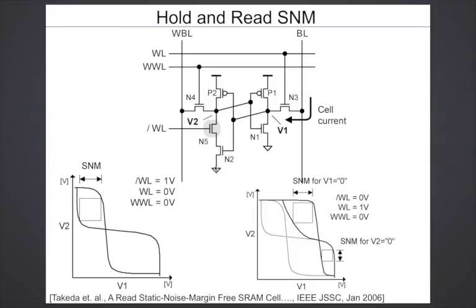For that duration, V2 is floating. So there is some negative of this approach also: this internal node is floating for that duration. So if there was a noise event, due to some capacitive coupling or something, which pushes this beyond this value of SNM, then again you can have a problem with this cell, and the cell contents can get disturbed.